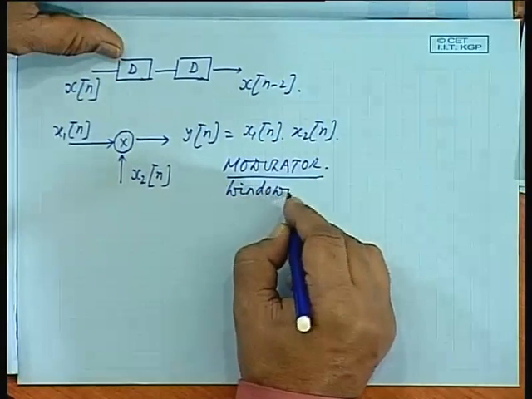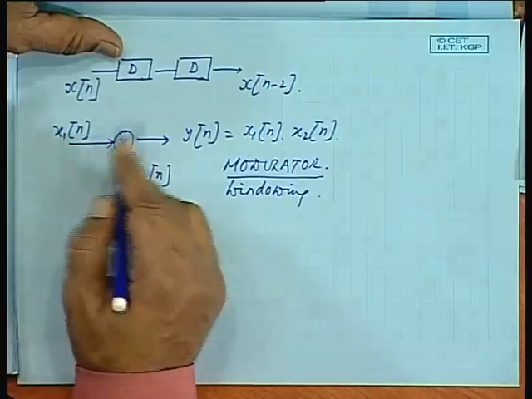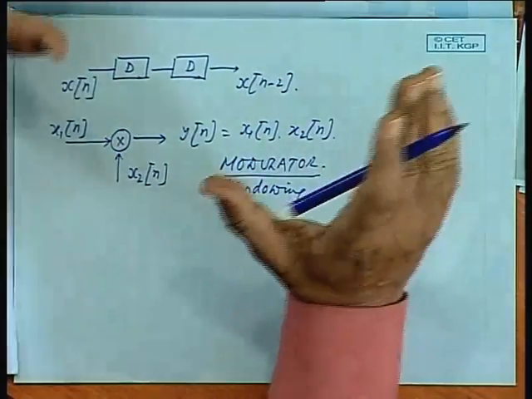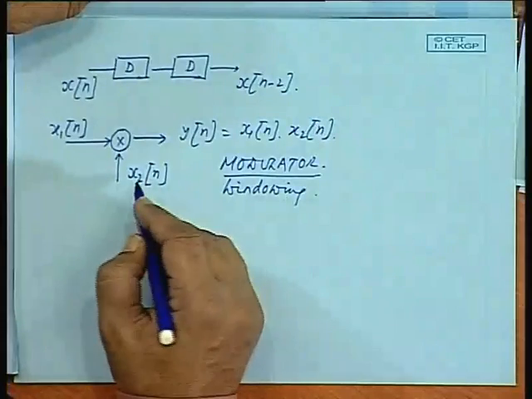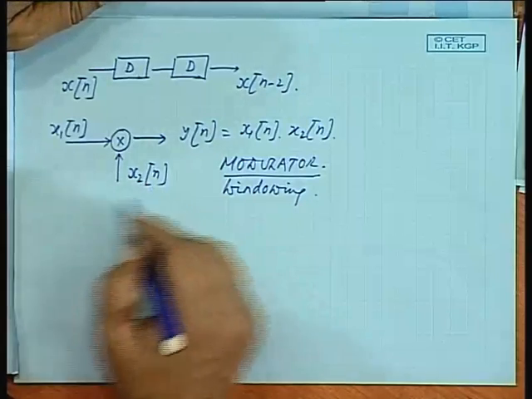That means a function x1(n), we pass through a window function x2(n), where the function values will be scaled by different amounts depending on the values of x2(n). Okay. So, basically you are trying to prune x1(n) by different amounts at different instants. And that pruning function is x2(n), that is windowing.